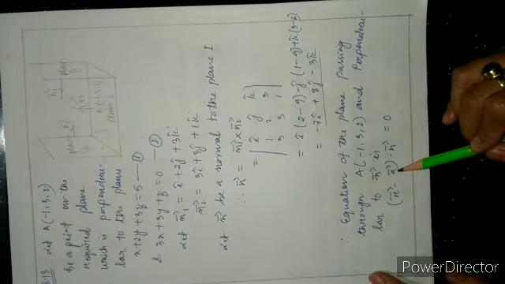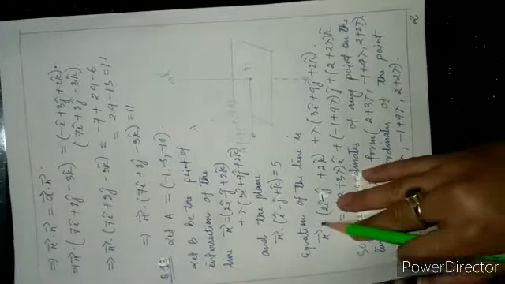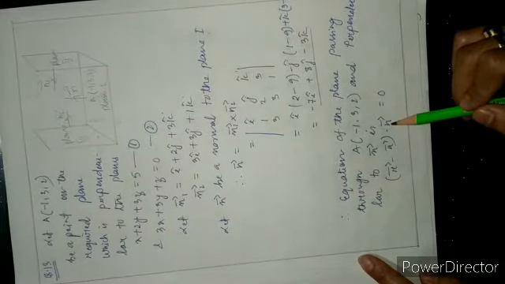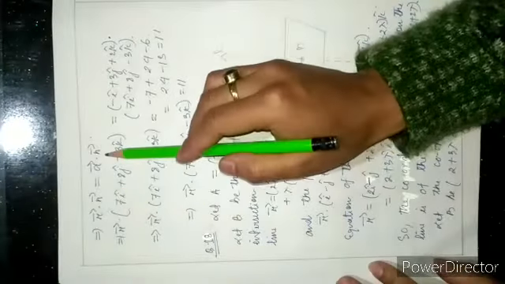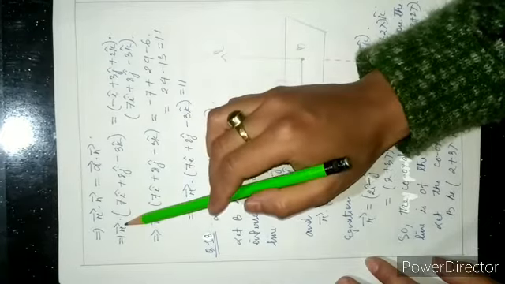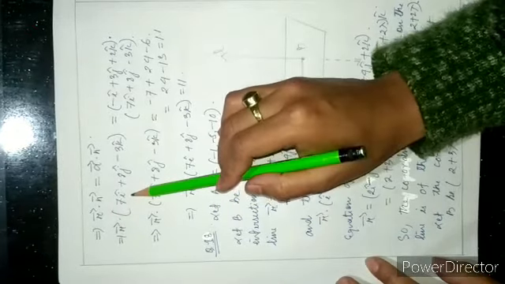Applying the distributive law, we get r vector dot n vector minus a vector dot n vector is equal to 0, so r vector dot n vector is equal to a vector dot n vector. This is the formula.